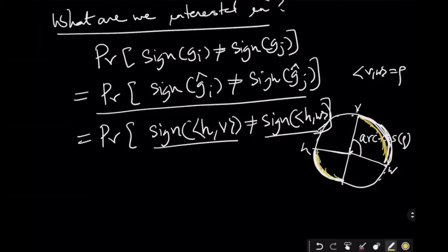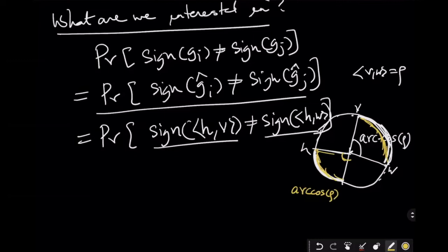Remember, this angle is still arc cosine rho. So we have reduced our problem to computing the chance that a rotation invariant vector lives between these two arcs that subtend an angle of arc cosine of rho each.